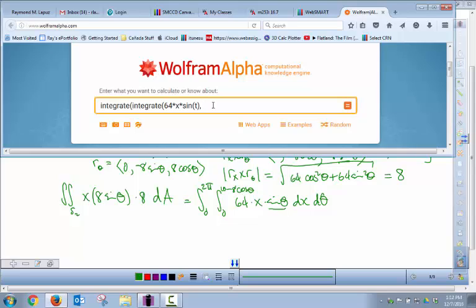The inner integral is our x values going from 0 to, I better put parentheses over here, 10 minus 8 times cosine t, and my outer integral is theta, or t, going from 0 to 2 pi.